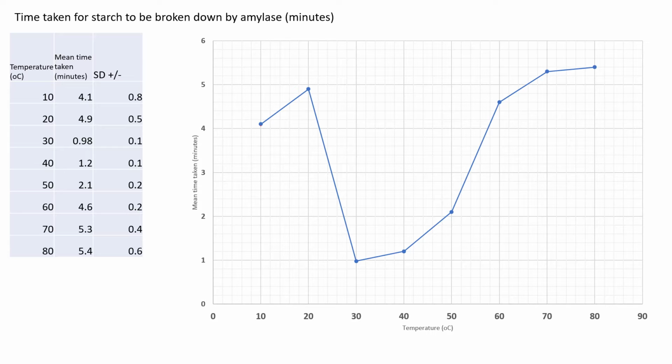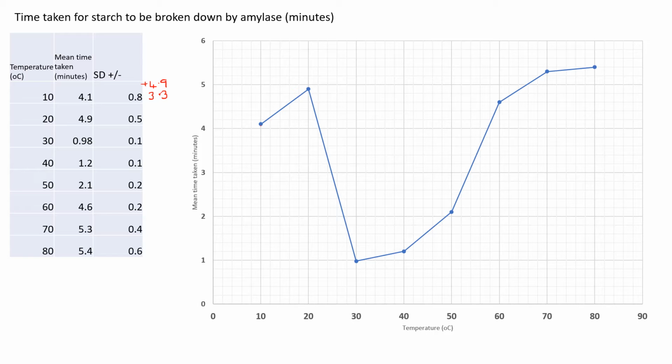To find the highest value, 4.1 plus 0.8 gives me 4.9, so I'm going up to 4.9. And then my lowest value is 4.1 minus 0.8 to go down, so I'm going to 3.3.